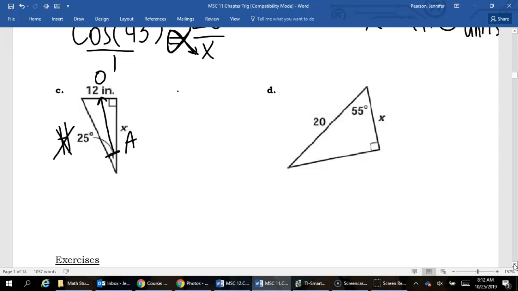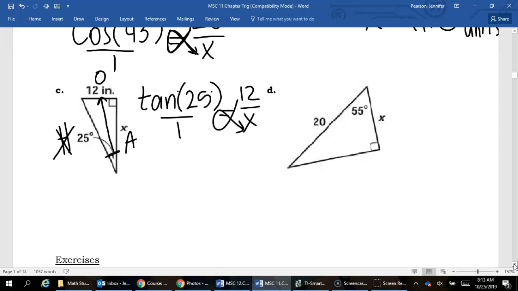So I like the O, I like the A because I have a letter or a number at each of those. The H is blank, we ignore the blank one. O and A. If I look back to my SOHCAHTOA, TOA would be T for tangent. So the tangent of the angle over 1 is the opposite over the adjacent. TOA: O on top, A on bottom. So that's going to be O is 12 and A is X, and we again cross multiply and divide.